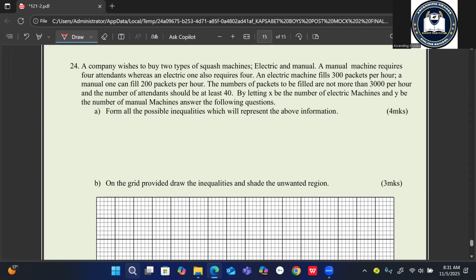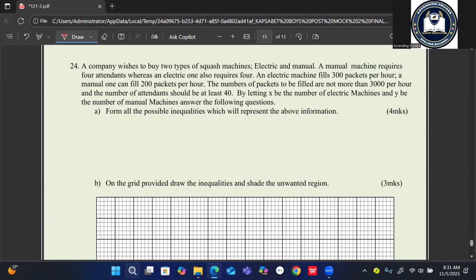So a company wishes to buy two types of machines, electric and manual. A manual machine requires 4 attendants, whereas an electric one also requires 4. An electric machine fills 300 packets per hour. A manual one can fill 200 packets per hour.